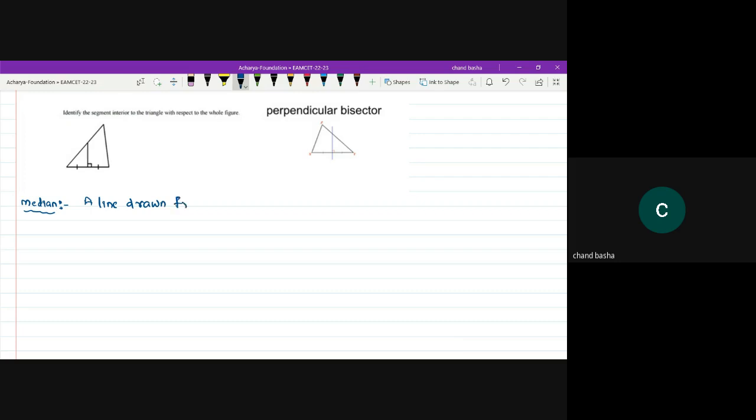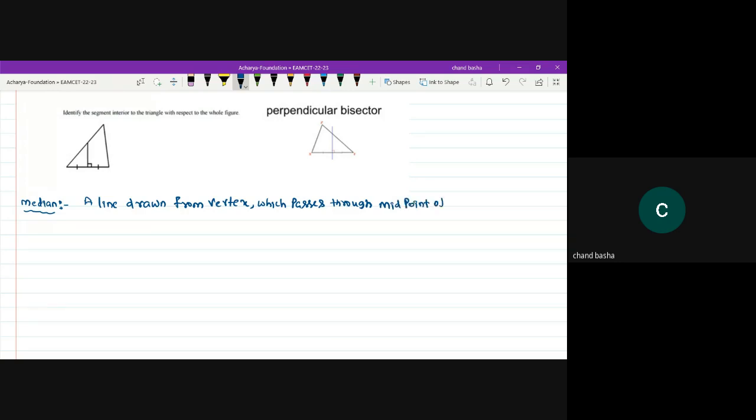From a vertex you draw a line, and which passes through the midpoint of the opposite side.